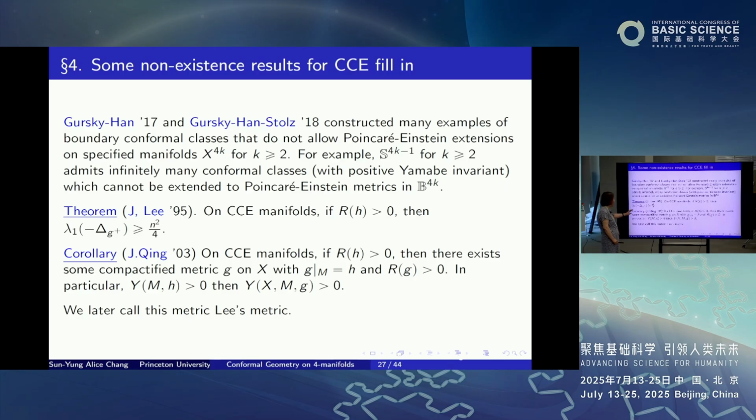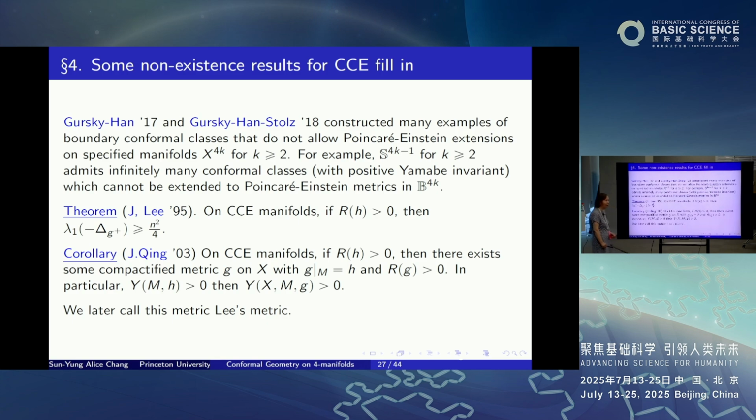An important observation made by Chang is this method is a testing function for the eigenvalue. And the testing function Jack Lee constructed turns out to have a geometric content, which I will briefly mention. It turns out what Lee actually did is, given a boundary metric, he constructs a conformal filling in with the metric G on the boundary is H and scalar curvature positive.